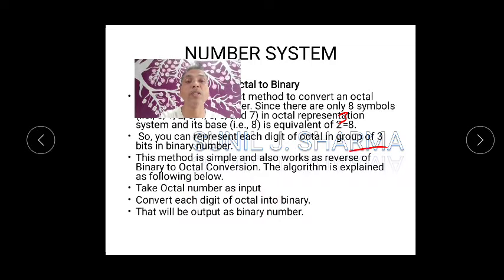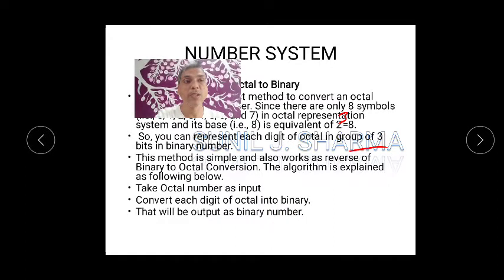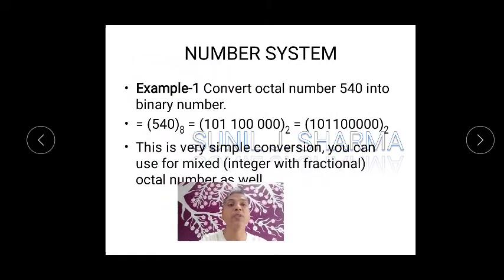This is the explanation. Take an octal number as input, convert each octal digit into binary, and that will be the output binary number. Let's see the example, it will be more clear. This is your octal number 540, and you have to change it to binary. For 0 you also have to write 3 zeros, because the binary equivalent of 0 is 000.